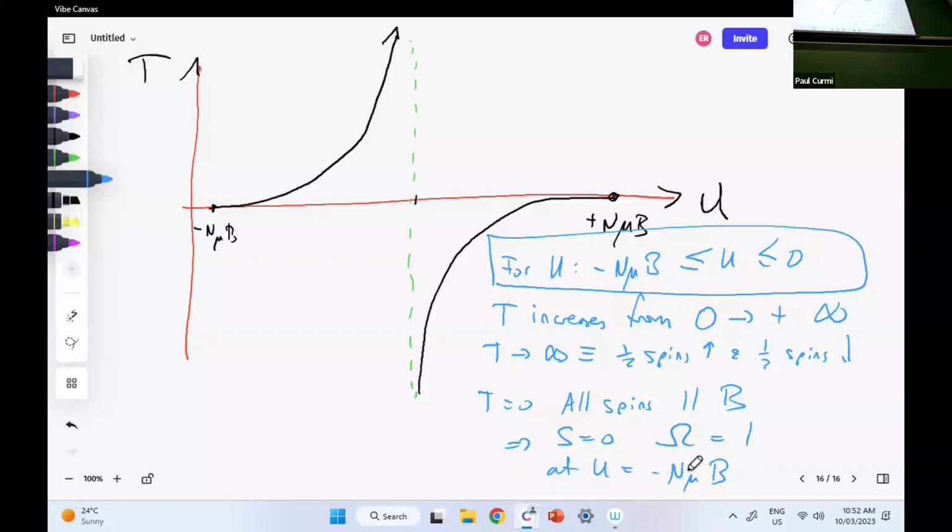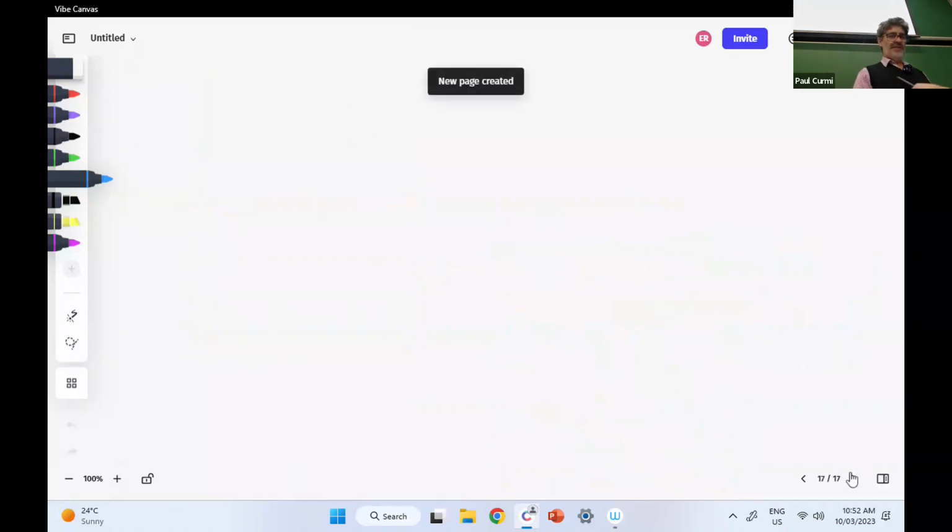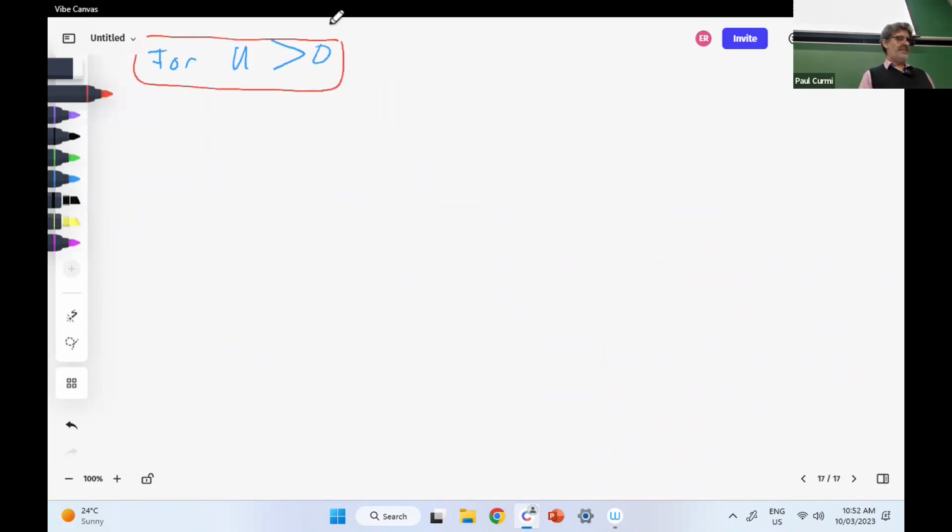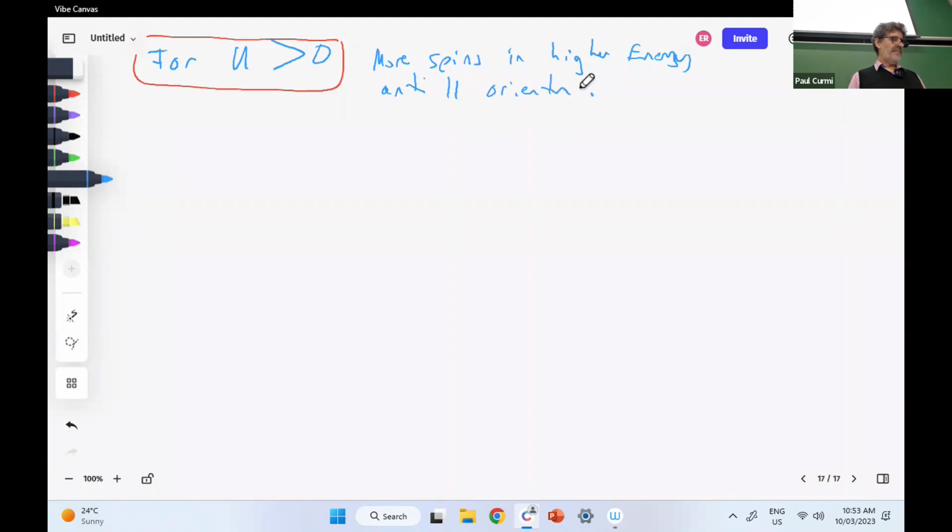Okay, this is why I want to save this to last. So for energy greater than 0, I've got a lot of weird things happening here. More spins in higher energy, in high energy anti-parallel orientation.